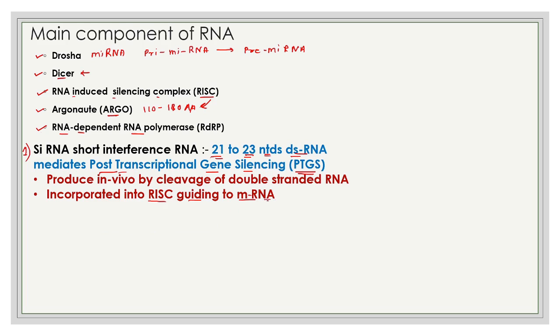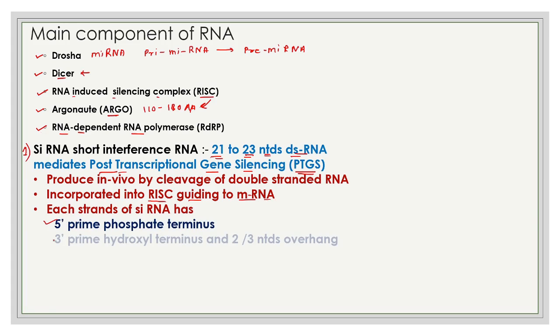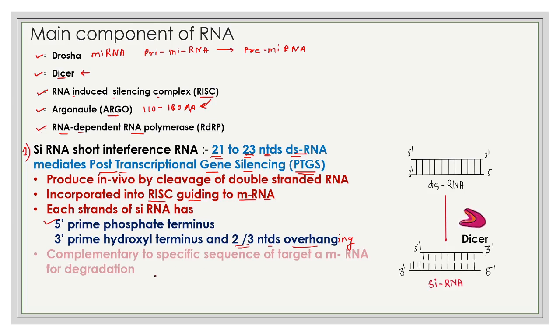mRNA. Each strand of siRNA has 5' monophosphate termini and 3' hydroxyl termini. There are 2 to 3 nucleotides overhanging at the 3' end. When Dicer processes the double-stranded RNA, 2 to 3 nucleotide overhanging sequences form at the 3' termini. siRNA is complementary to a specific sequence of the target mRNA for degradation.